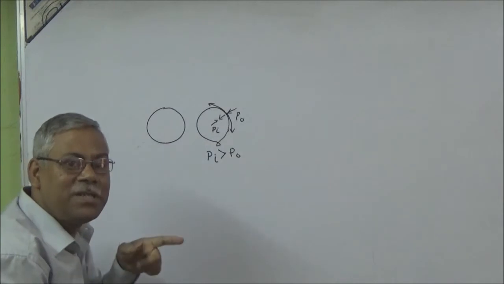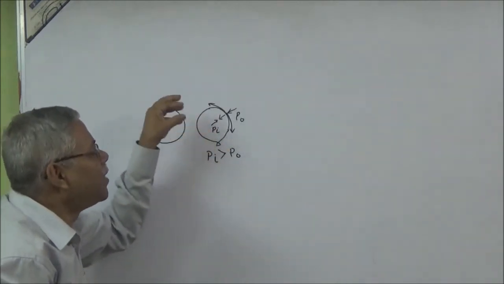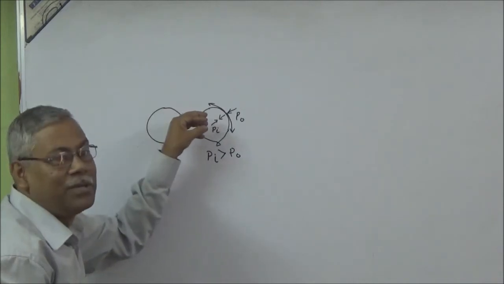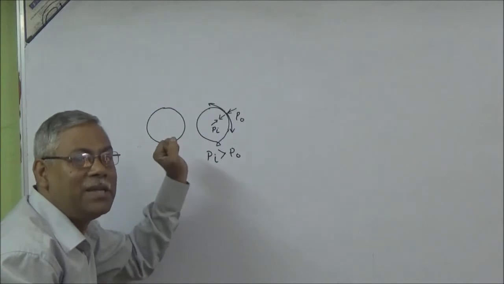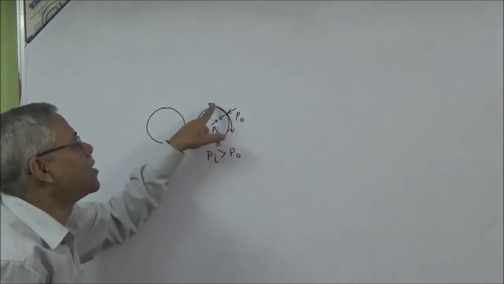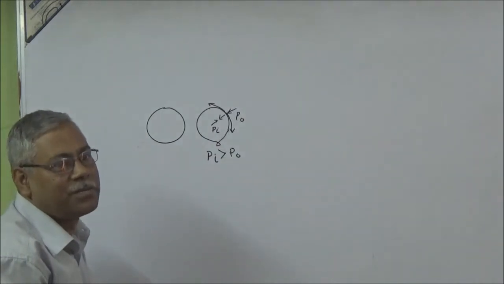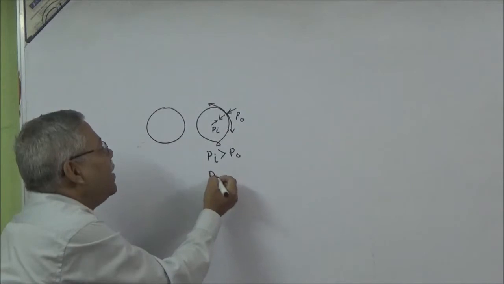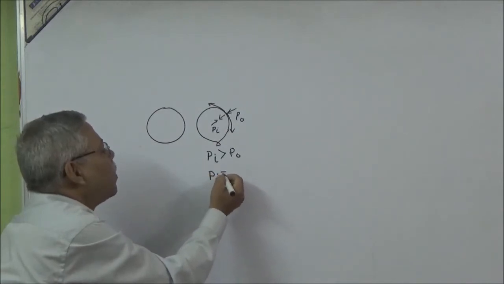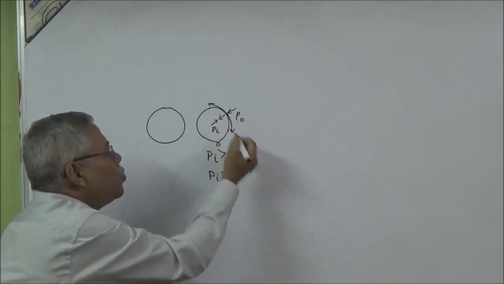For equilibrium of the surface, the air inside the balloon has to exert a pressure which can balance the pressure due to the surface of the balloon and also the outside pressure. So we can write a simple equation: Pi equal to Po plus pressure due to the rubber.